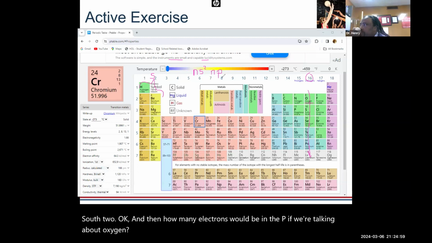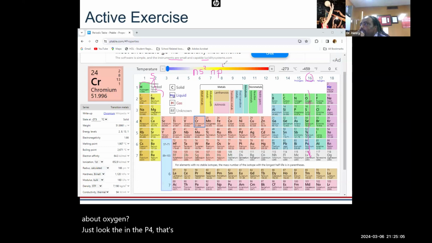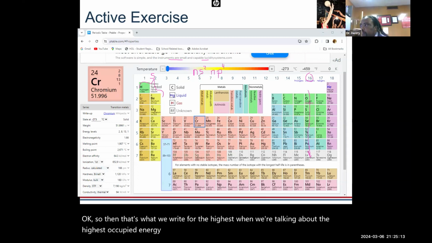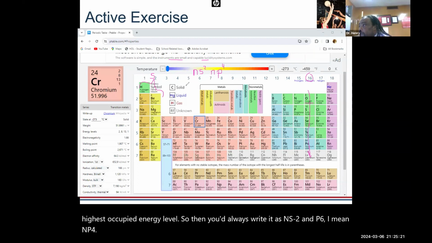Would it be 6? Just look at the p: 2, 4. 4, that's right. So that's what we would write for the highest occupied energy level. You'd always write it as ns2, np4.